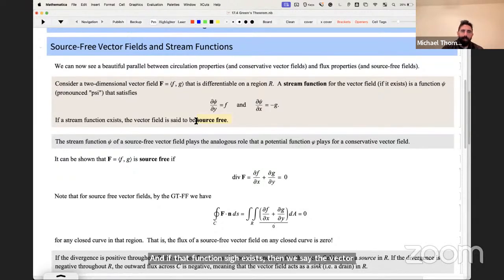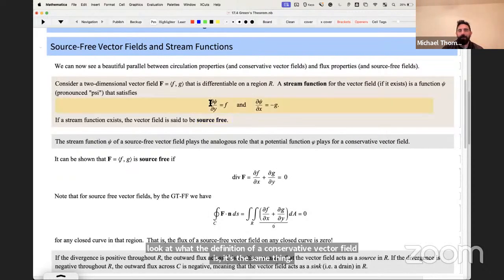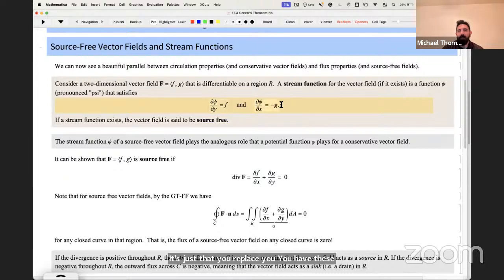If you go back and look at the definition of a conservative vector field, it's the same thing. It's just that you have different requirements on the partials. It's the counter to a conservative vector field, on the other end. Instead of circulation, it's flux.